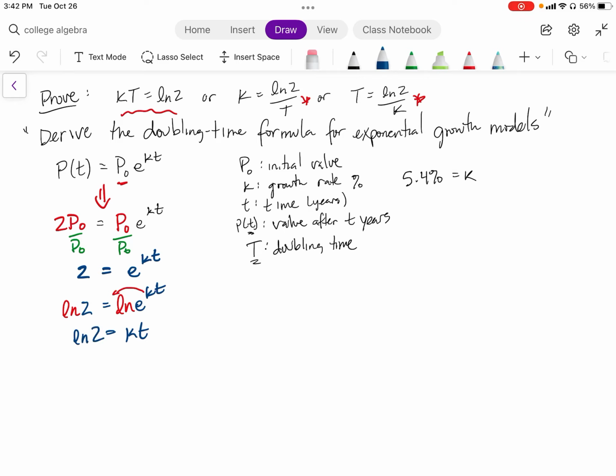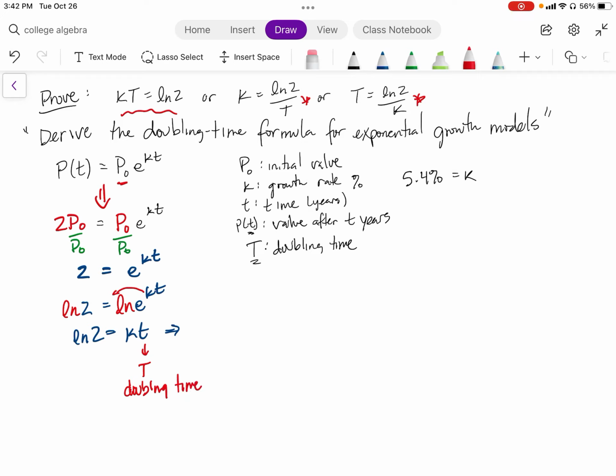And that's it. That was the first form of the formula. If we knew the doubling time, which we now denote as a capital T, we could find the growth rate. So I could divide both sides by this T. Again, we're just changing this t to a capital T to say this is the doubling time, a specific time.